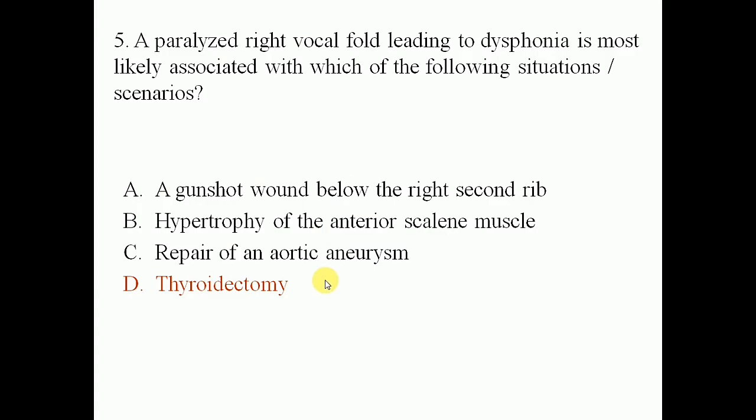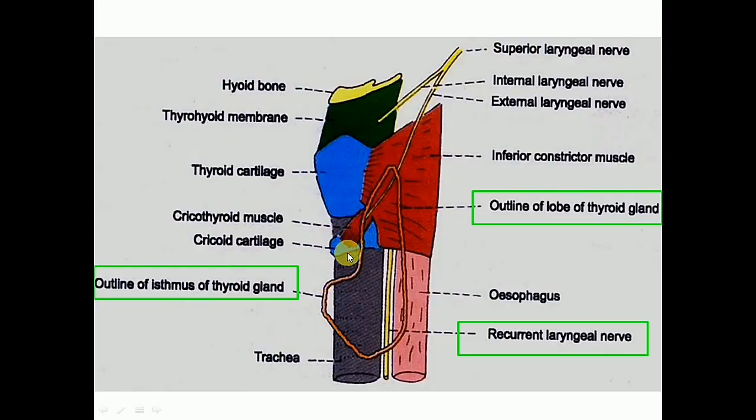The thyroid gland, as we can see here in the outline, has a medial surface related to recurrent laryngeal nerve as well as external laryngeal nerve, along with trachea in front and esophagus behind. The recurrent laryngeal nerve ascends between trachea and esophagus, related deep to the lobe of thyroid gland.